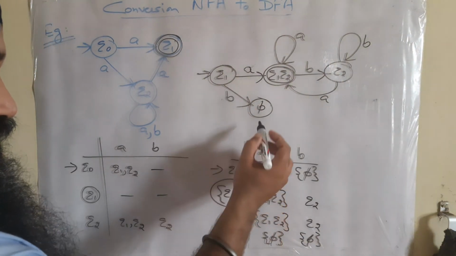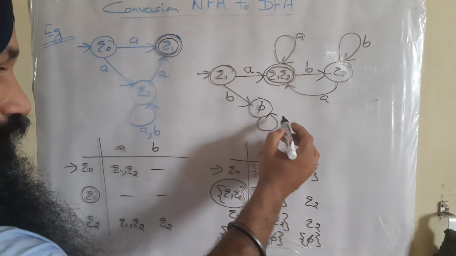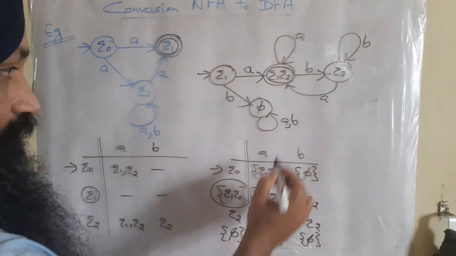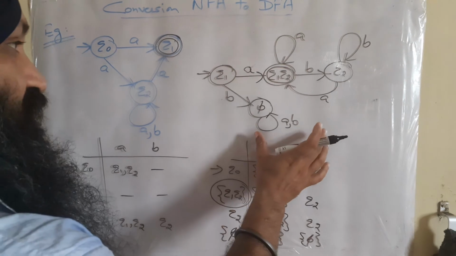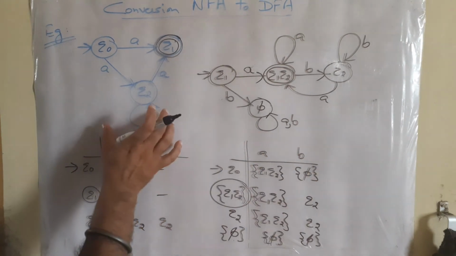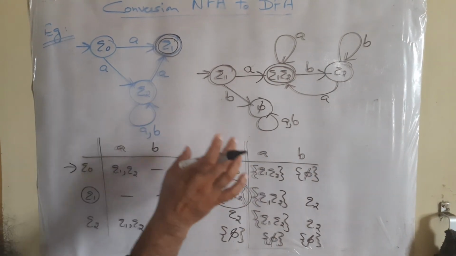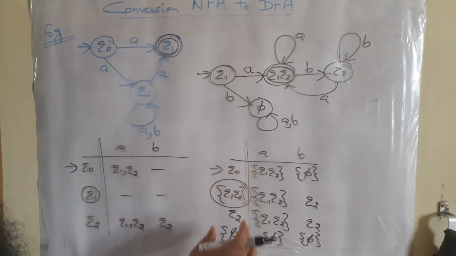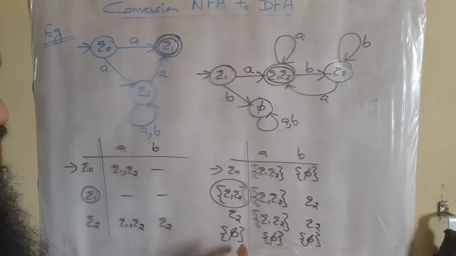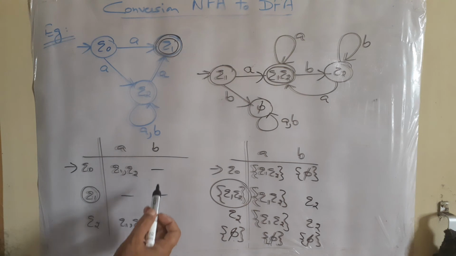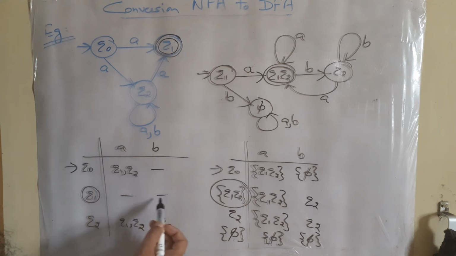And phi has the self loop for both symbols A and B. So this is the DFA as per the given question. The important thing in this question is we are getting a dead state, denoted with respect to phi, corresponding to these blank or empty strings.